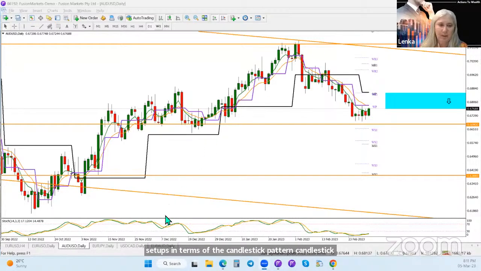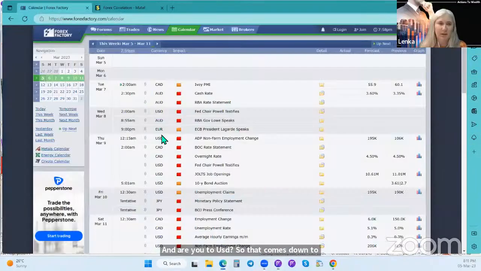Okay, now when is a good time to be looking at Euro AUD and AUD USD? That comes down to news, and there is high impact news coming up. So looking at Forex Factory, this is the news that's coming up for the week ahead. And here I'm looking at, okay, what is likely going to move the market?